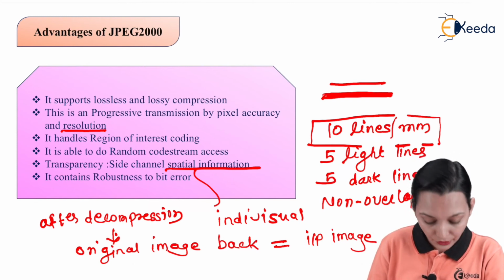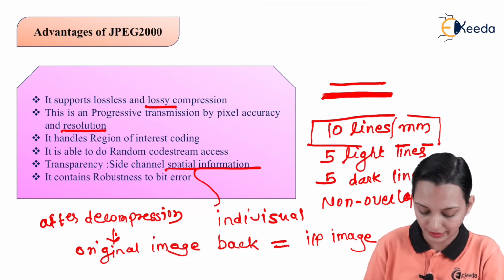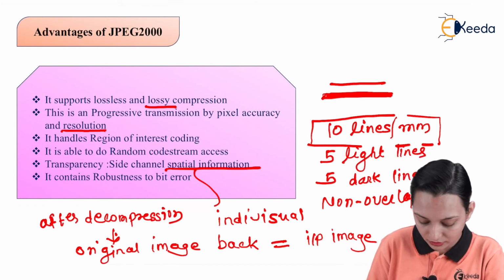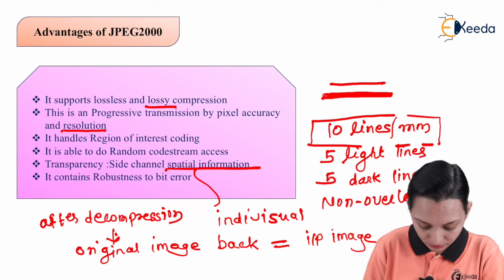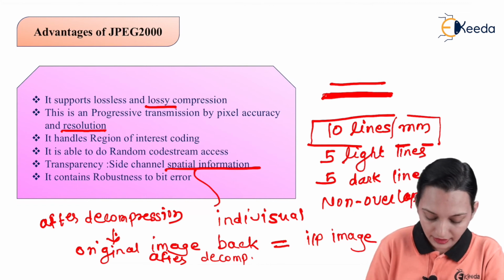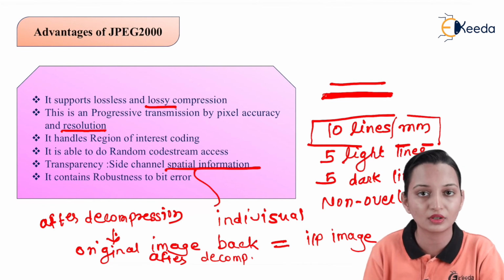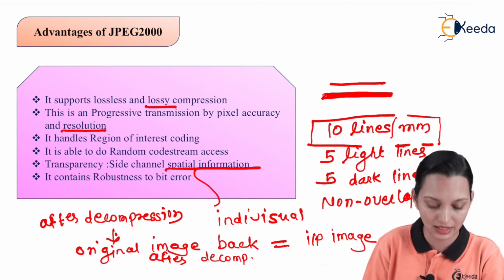But we all know that due to lossy compression this may not be possible ideally. So there is some difference between the image you get after decompression and the input image, so there is some lower transparency with each and every method. But if you compare JPEG 2000 with other methods, then it is highly transparent.